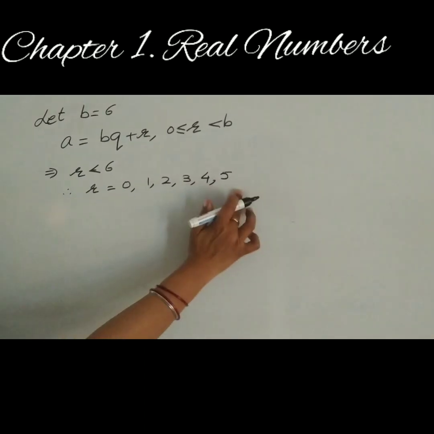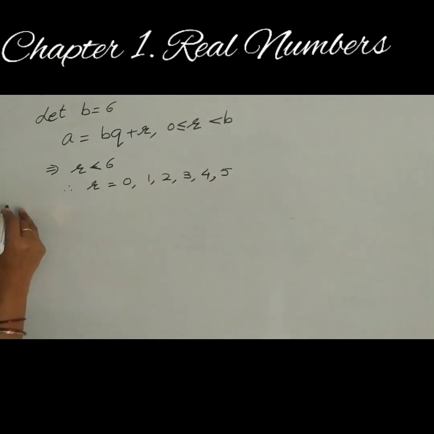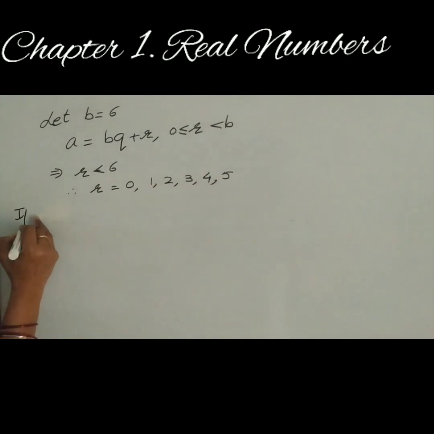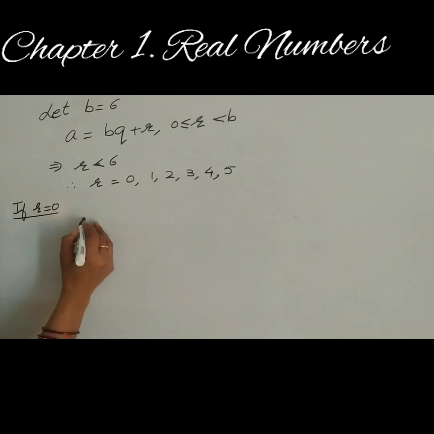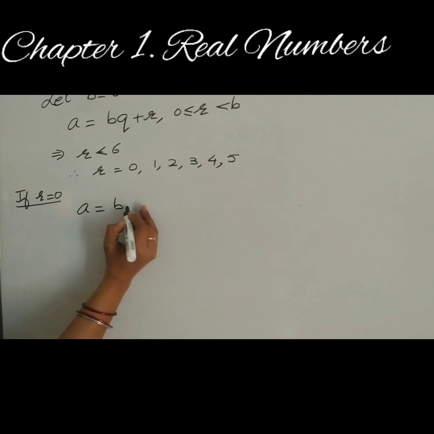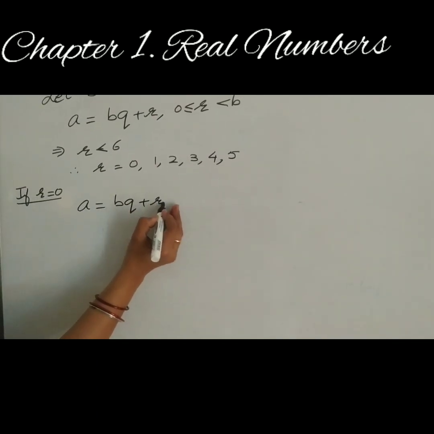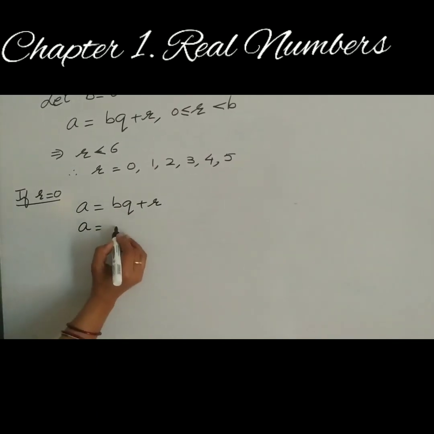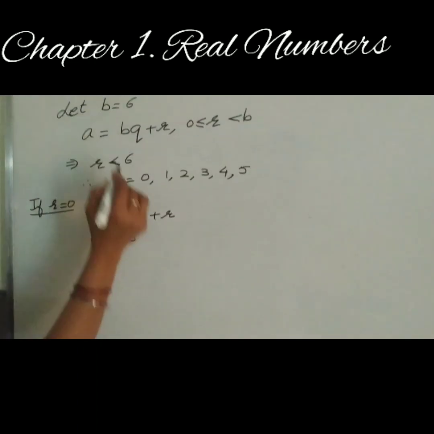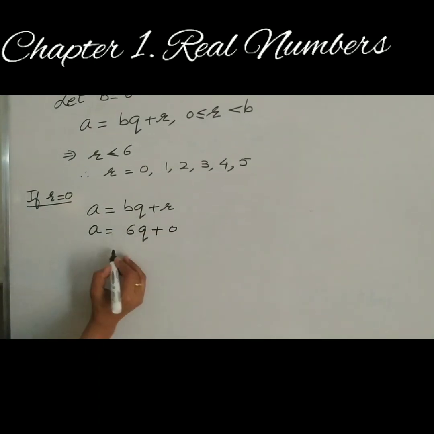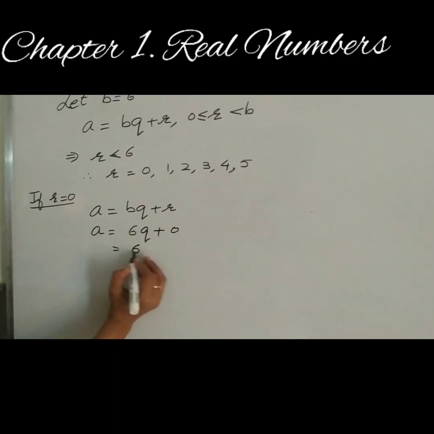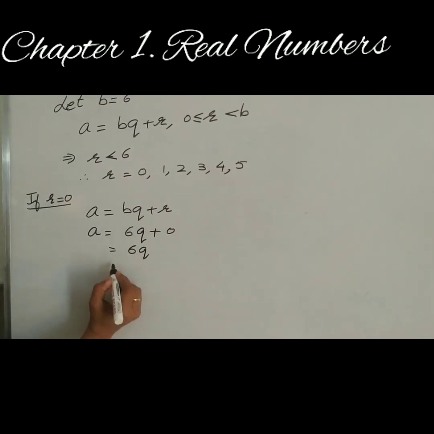So now we have 6 cases. Now first case, if r is equal to 0. Now a is equal to bq plus r. The value of b we assumed is 6 and the value of r we have considered as 0. So 6q plus 0 is 6q.